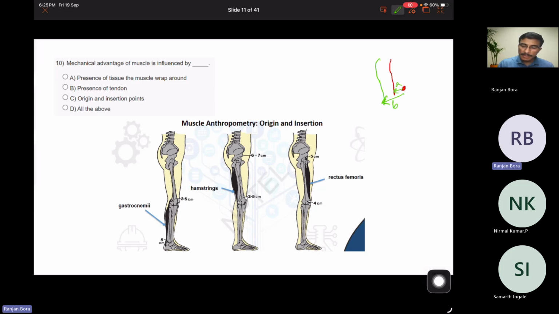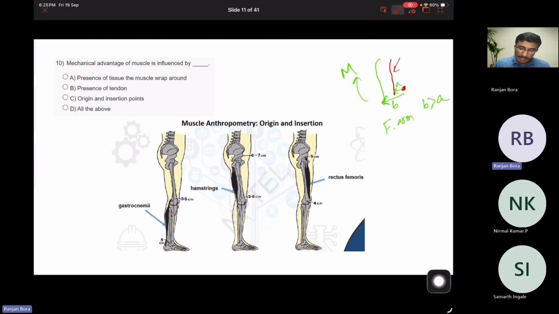Because the moment arm is more for the second muscle, for producing any moment M we need force multiplied by the moment arm. In the second case, where B is greater than A, the muscle has to produce less force compared to the first case.